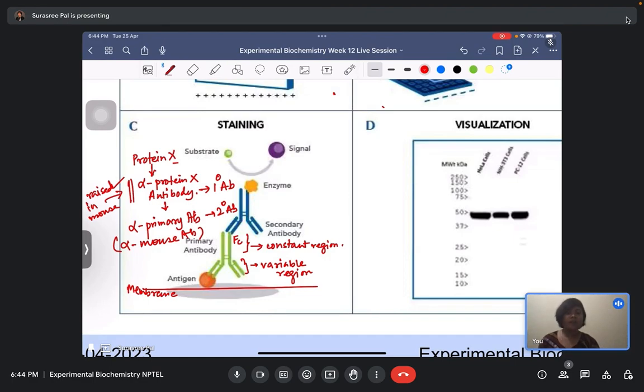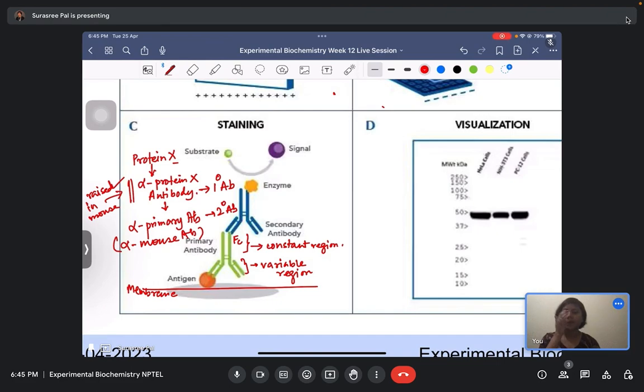So which is why we have fixed secondary antibodies which are labeled with enzyme. Now suppose we have our primary antibody raised in rabbit. So what we do is we purchase a secondary antibody which is anti-rabbit conjugated with enzyme, right? If our primary antibody is raised in mouse, we purchase an anti-mouse secondary antibody conjugated with enzyme.